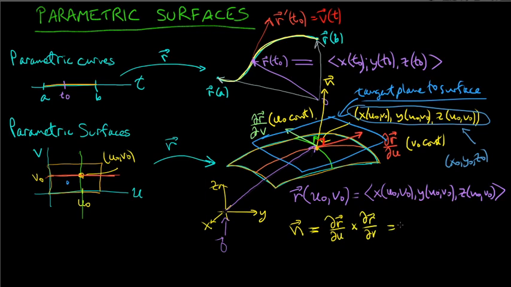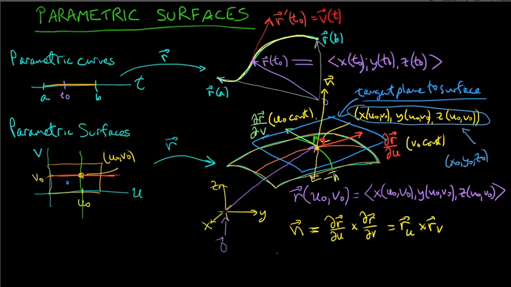Or you can just use subscripts, r subscript u cross r subscript v, because these subscripts mean take the partial derivative with respect to that variable. And I think we're doing it in that order, right-hand rule. If you want a vector going the other way, which is also perpendicular to the plane, it's also a normal vector.